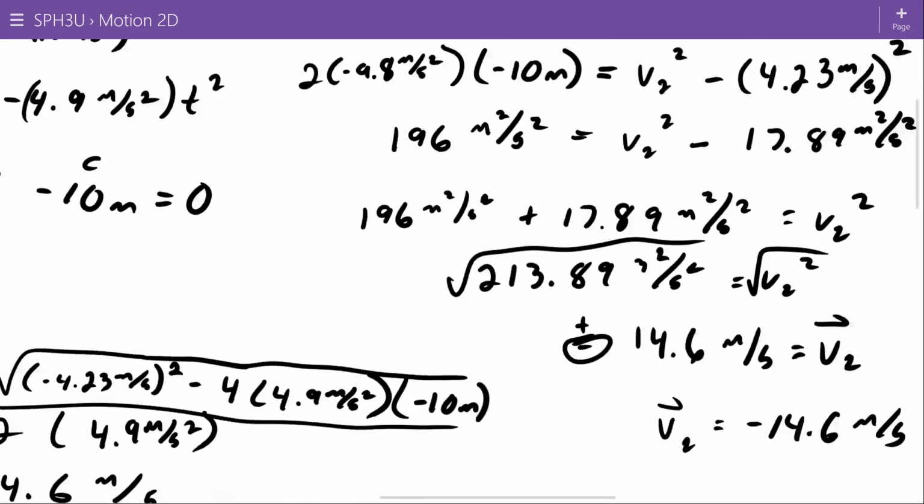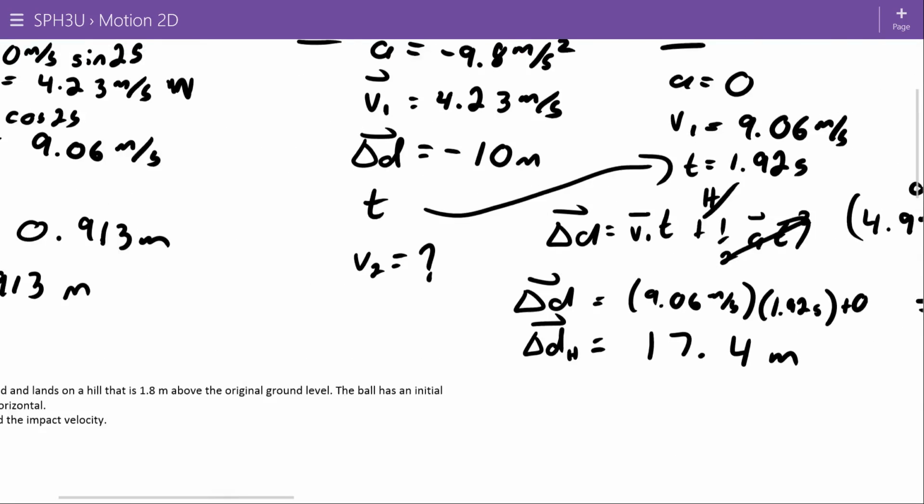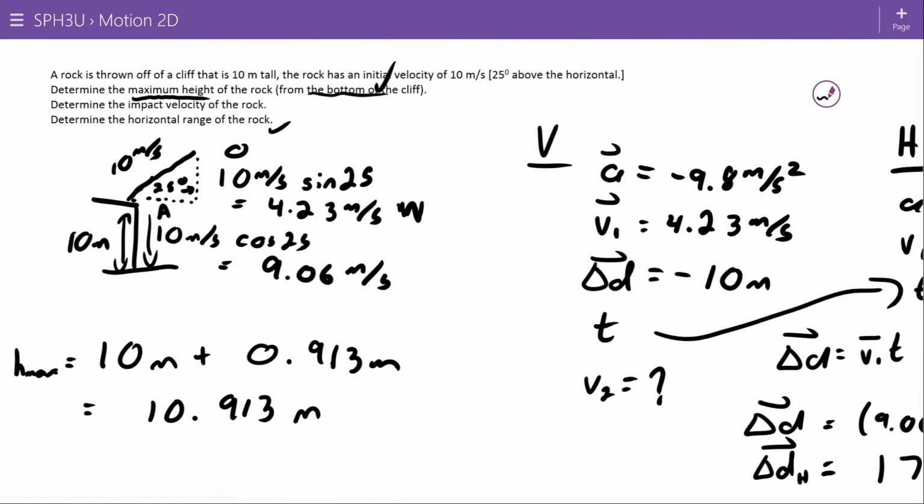Now, all the way back over here to what we started with. Started at 9.06 meters per second in the horizontal direction. And remember that the acceleration in the horizontal direction is 0. So that means if that's the velocity I started with, the velocity I finished with in the horizontal direction is the same.